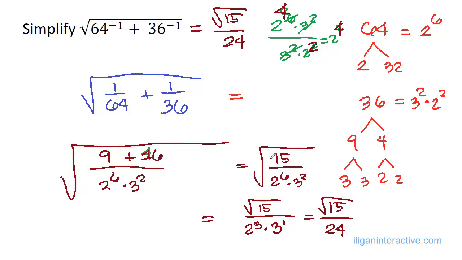And this will make it 25. And if that is 25, then square root of 25 is 5, so it will just be 5 over 24. So that will be my answer, 5 over 24.